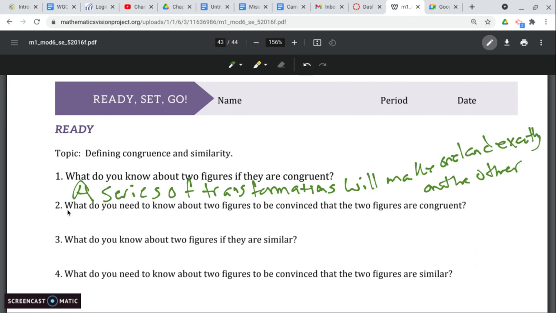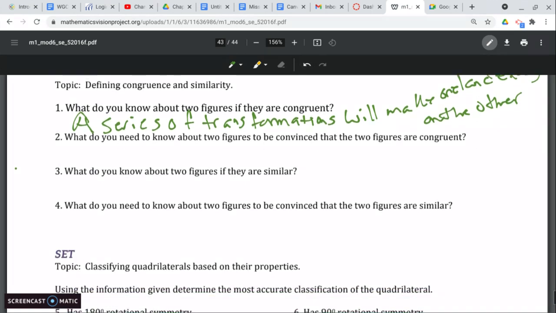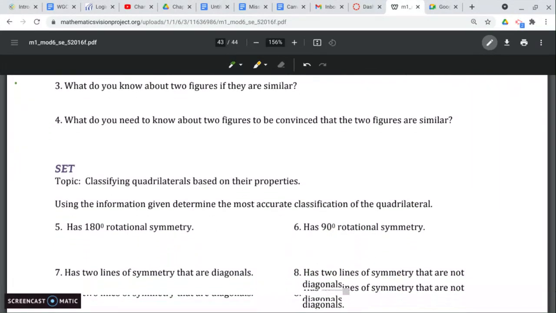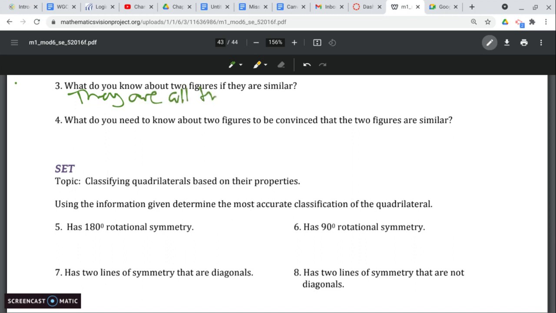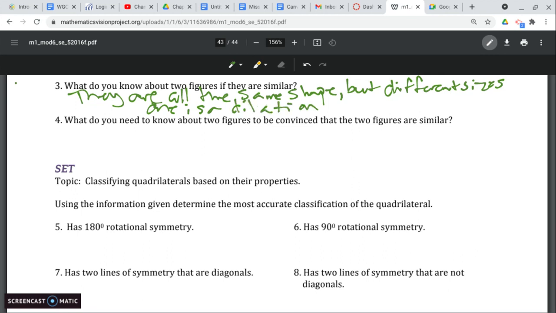Now, similarity, what do you know about two figures if they are similar? Well, they are all the same shape, but different sizes. One is a dilation of the other.